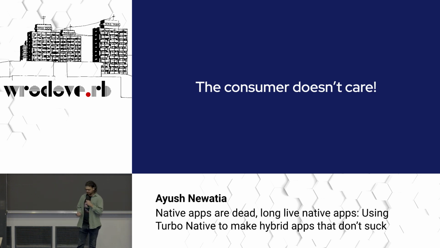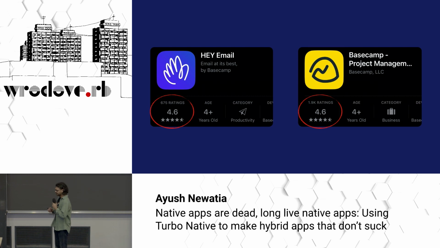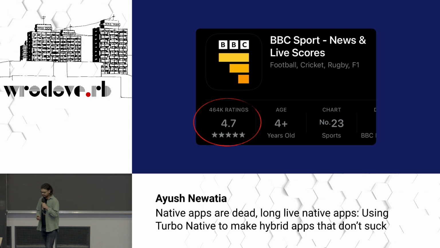Now, we can prove this by looking at two very obvious examples in Hey and Basecamp, which are like the flag bearers, if you will, for Turbo Native. They both have very high App Store ratings. But I think a slightly more unexpected example is the BBC Sport app. Now, yeah, that's hybrid as well.